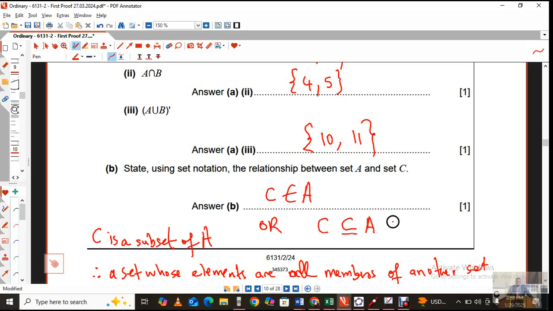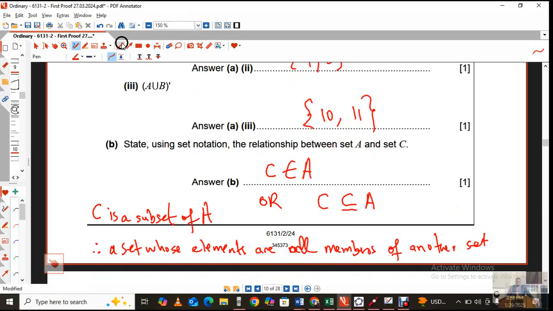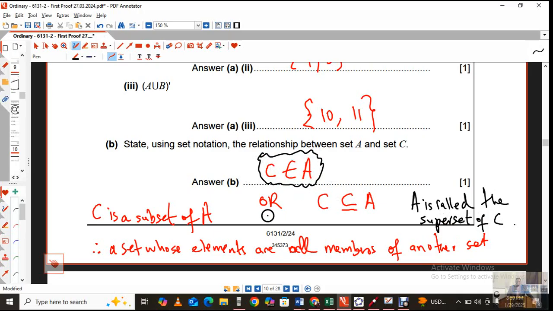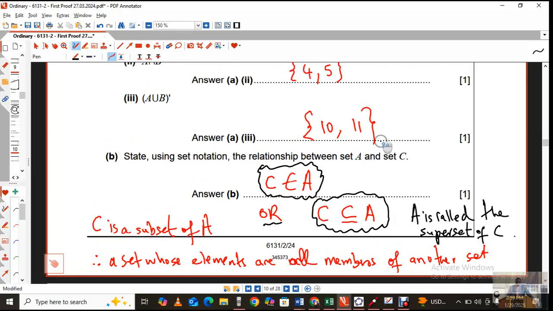Now, since A is like the bigger one, like I was saying, the mother, and the other one is the child, then A is also, just to add in a little bit more spice, called, not that it's necessary for you to know at your level, the superset of C. Okay, but you will be getting a mark if you were either writing C is an element of A, or if you were writing that C is a subset of A. 1 mark for that.